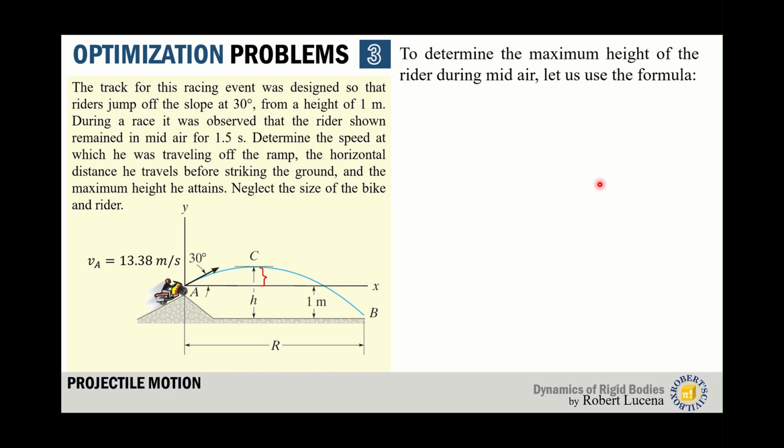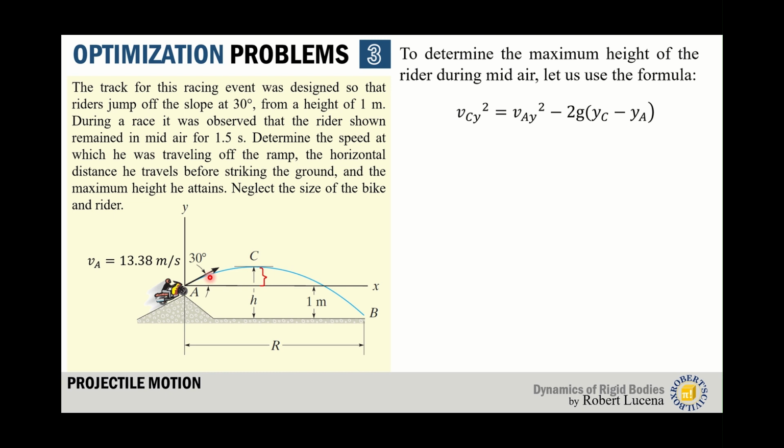Now, to determine the maximum height of the rider during mid-air, let us use the formula. It is important for you to draw the projectile, because it will give you an idea of how it will travel, and we can make a diagram showing which point we can analyze next. So we have here point C as the highest point of the projectile, and we can use this equation.